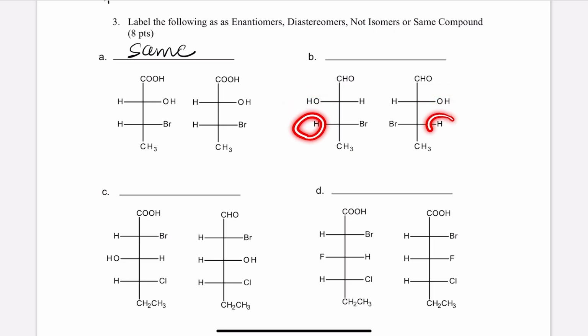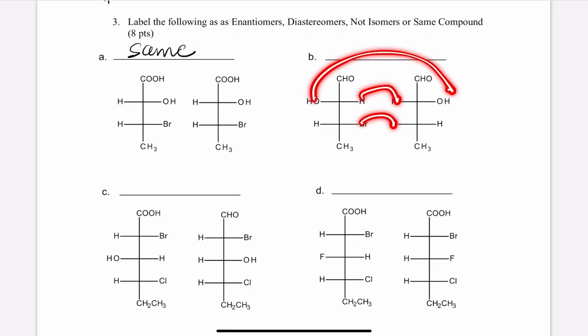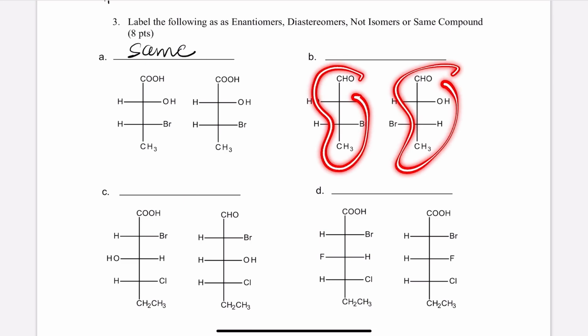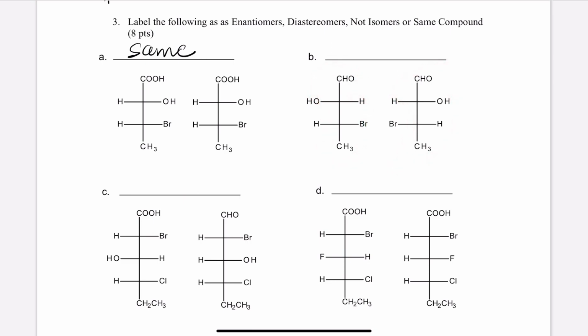So these are mirror images, right? They're mirroring each other. So when you have two things where it's all the same elements, they're just basically swapped or flipped, that is an enantiomer.